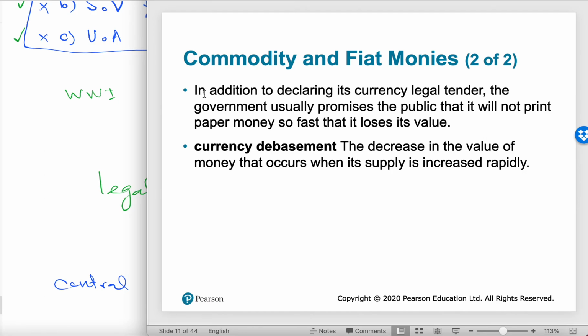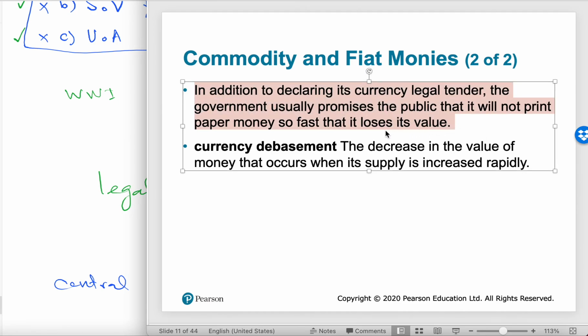So it's not an easy job to keep your promise that the currency is stable relative to other currencies. By the way, even the US currency's value against every other currency is not constant.